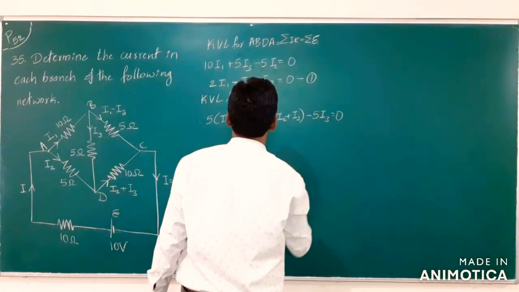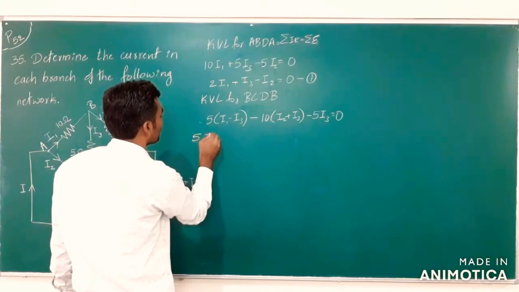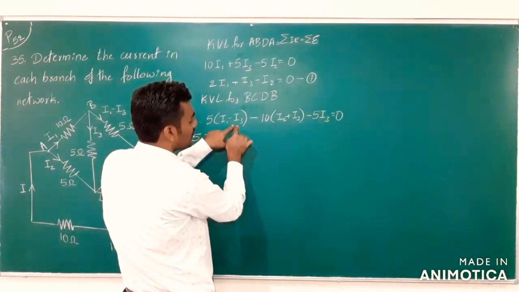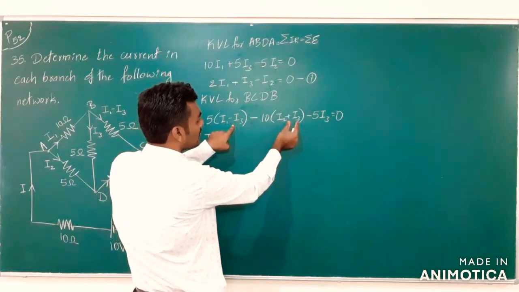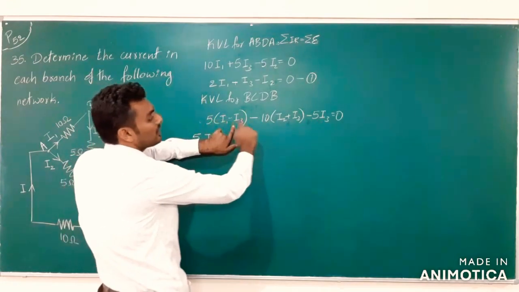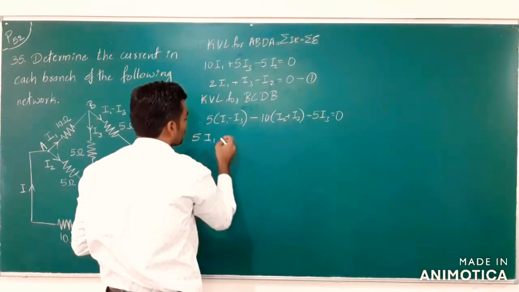Let me simplify this. So 5 I1 minus 5 I3, minus 10 I3, minus 5 I3. So it is minus 5, minus 10, minus 15, minus 5, minus 20.